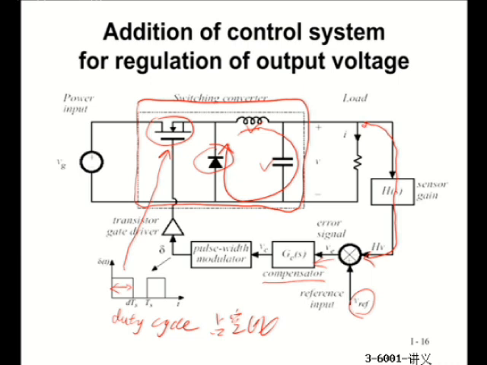When the MOSFET has shorter time in the on state, the voltage at 100 volts will also be maintained for shorter time, but longer time at 0 voltage. So therefore, the average value is going to be decreasing. After the low pass filter, the output voltage will be decreasing.